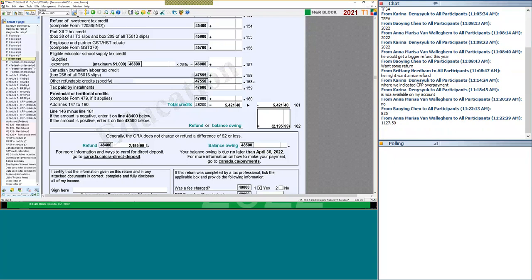I'll tell you from a psychological standpoint, if this was me and I was doing this for my clients, I would have the discussion about saving that RSP before I ever got to the refund number. Because when you show someone $3,600, that number gets stuck in their head, and that's the thing that they need this year. They feel like if they don't get that, you're taking money away from them. On the other hand, if you talk about, we could save it this year, you'll get this much more.